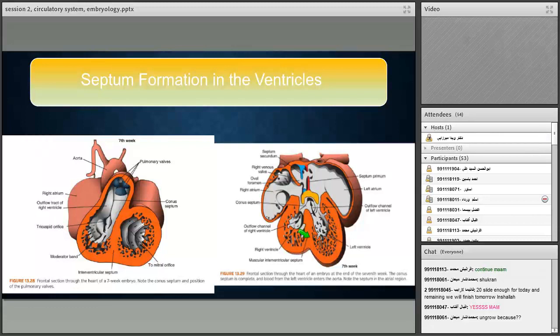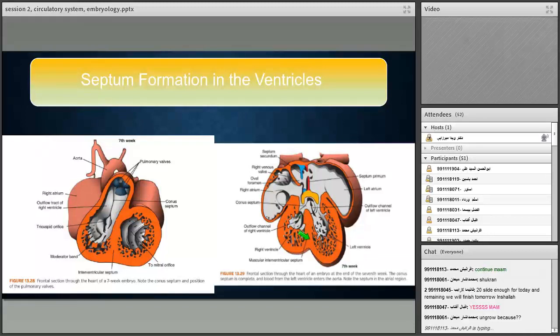Sometimes, listen, the two walls of each ventricle won't fuse into each other, and there would be a cleft inside the muscular interventricular septum. There would be a cleft here.